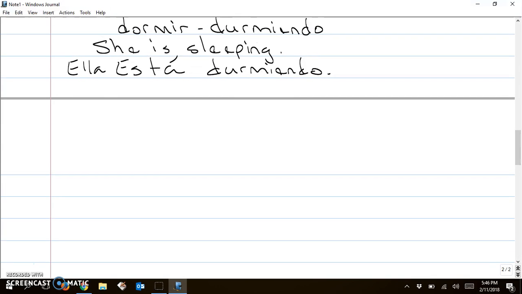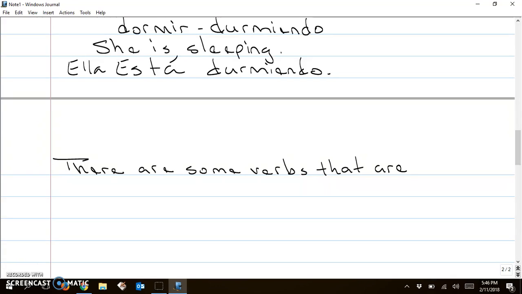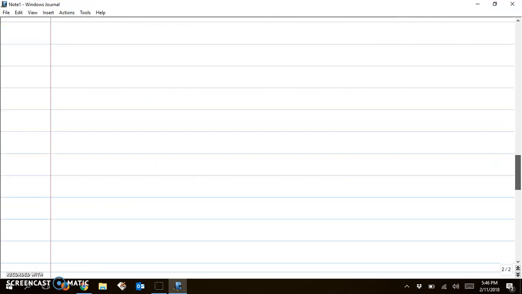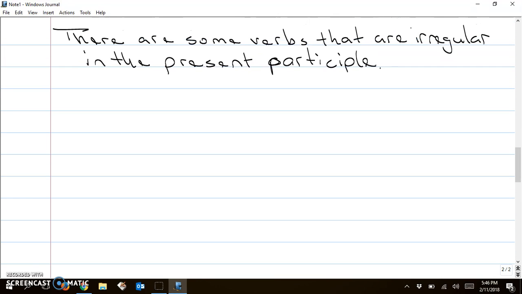Now, there are some verbs that are irregular in the present participle. And, oops, sorry. Let me give you a list of those.